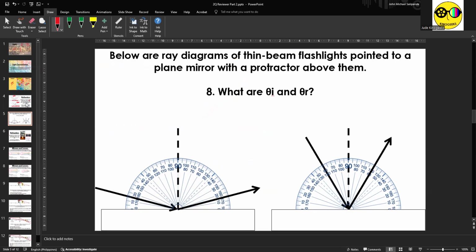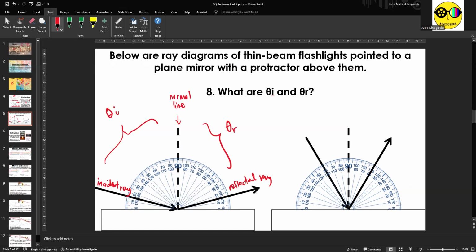But anyway, we're here to talk about theta I and theta R. When we say theta I, this is the angle between the normal line, just this one, and the incident ray. Therefore, this space here is the theta I or the angle of incidence. By contrast, theta R is the angle between the normal line and the reflected ray. So this gap here.